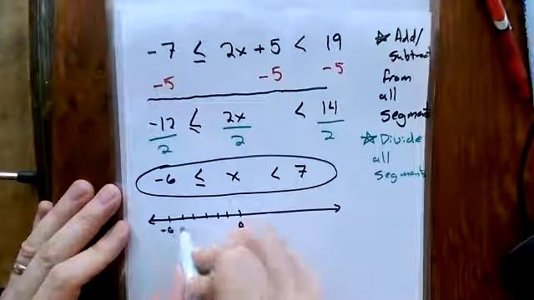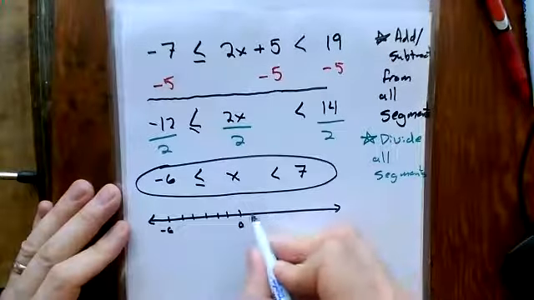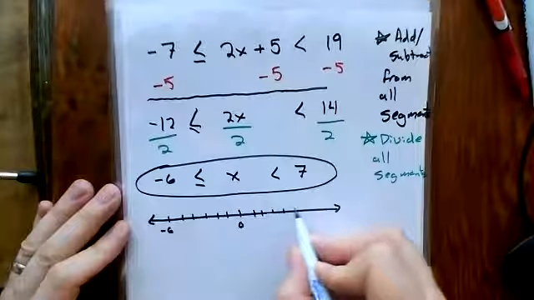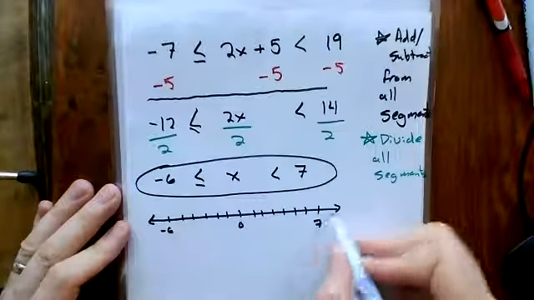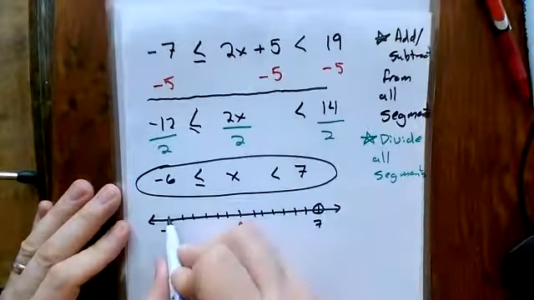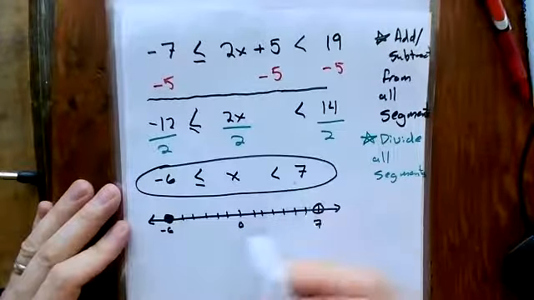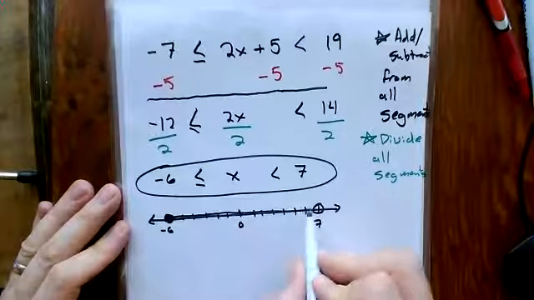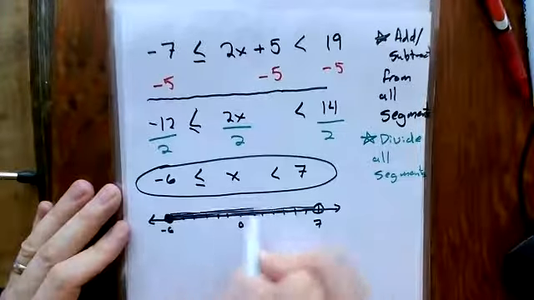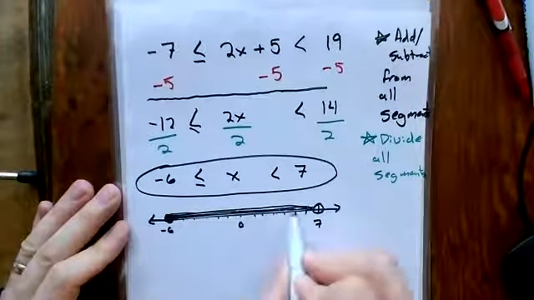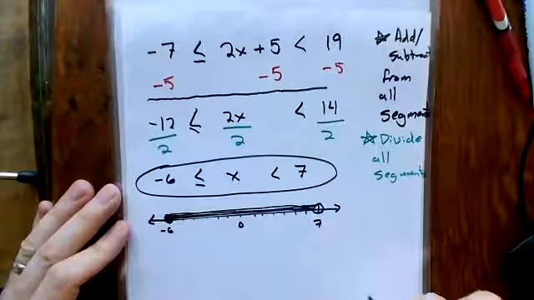There's that -6, and it's smaller than our 7: 1, 2, 3, 4, 5, 6, 7. It's bigger than the -6, it could equal the -6, it cannot equal the 7, and it could be any value in between these two.